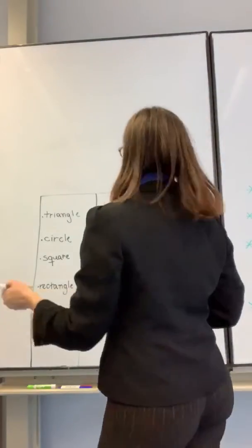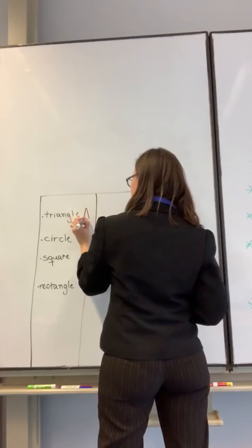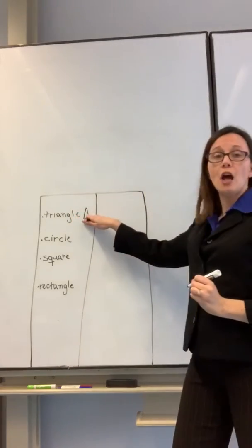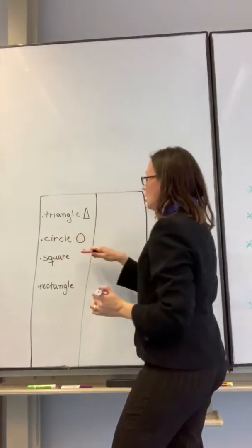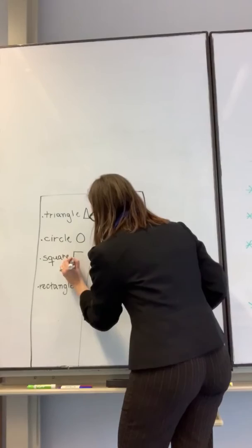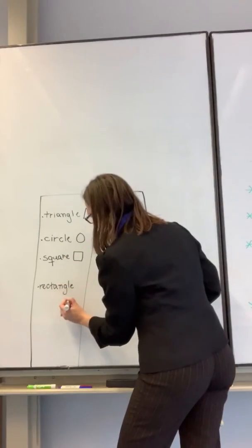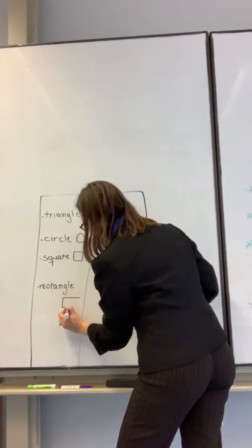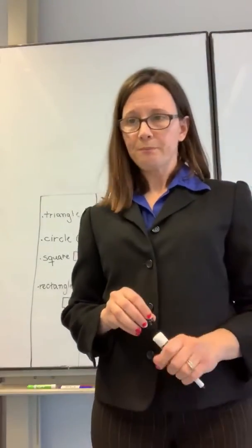For example, a triangle does not have an opening. A circle does not have an opening. A square does not have an opening, and a rectangle does not have an opening.